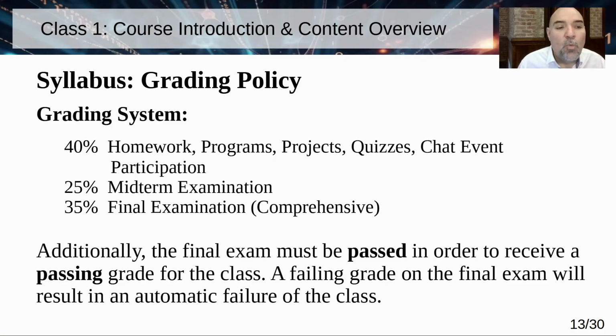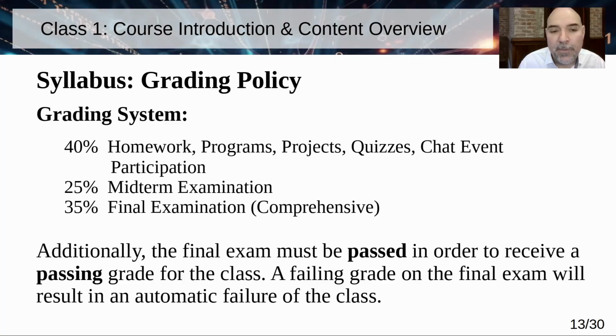Now, one quick word that's worth mentioning is that you do have to get a passing grade on the final exam to pass the class. You can't really move on to the second class in the sequence without having at least a passing level of understanding of the material in this class. So the final exam is kind of the gatekeeper, to make sure you learned what you needed to learn to move on to the AI and Machine Learning 2 course.